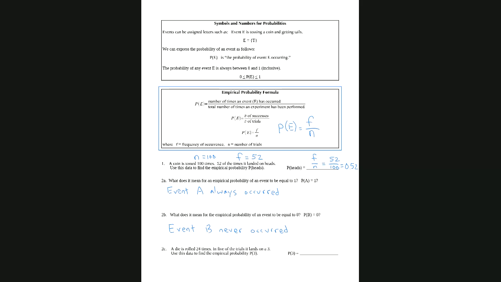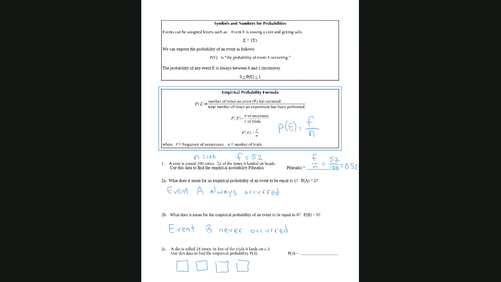All right, I have one more example here. A die is rolled 24 times. Talking about a six-sided die here. That would be one which has a cube shape.